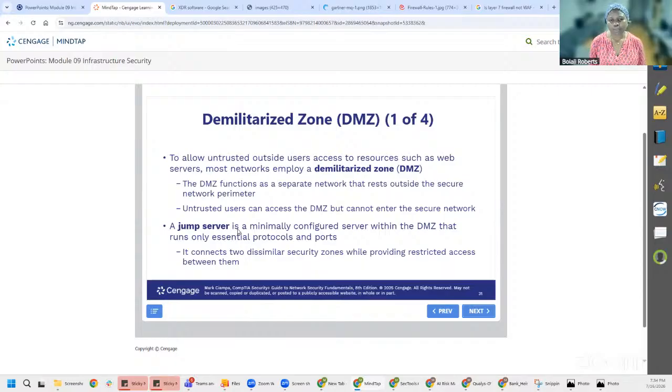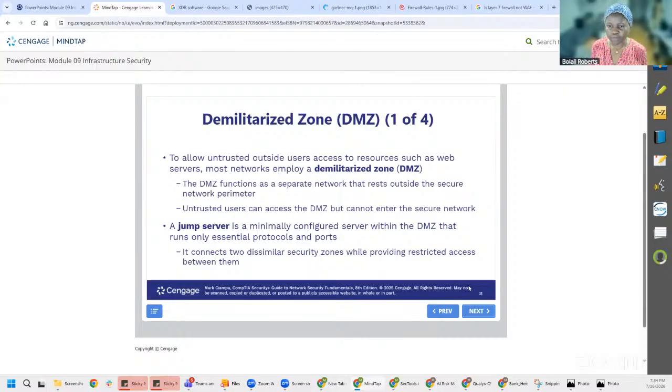Then you have a jump server. The jump server is a minimally configured server within the DMZ that runs only essential protocols and ports. The way it works is it connects two devices from different security zones while providing access.